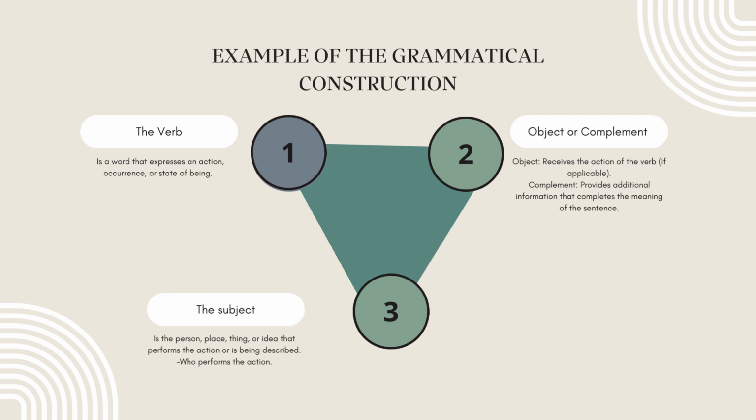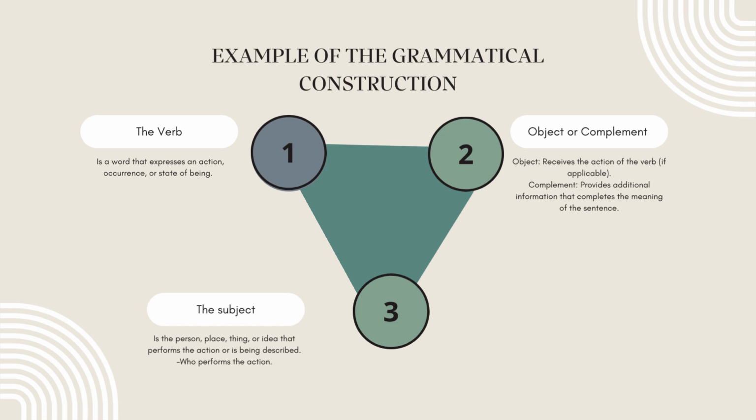The first is the verb, a word that expresses an action, occurrence, or a state of being. The second one is object or complement, it depends. The object receives the action of the verb, if applicable. And the complement provides additional information that completes the meaning of the sentence.